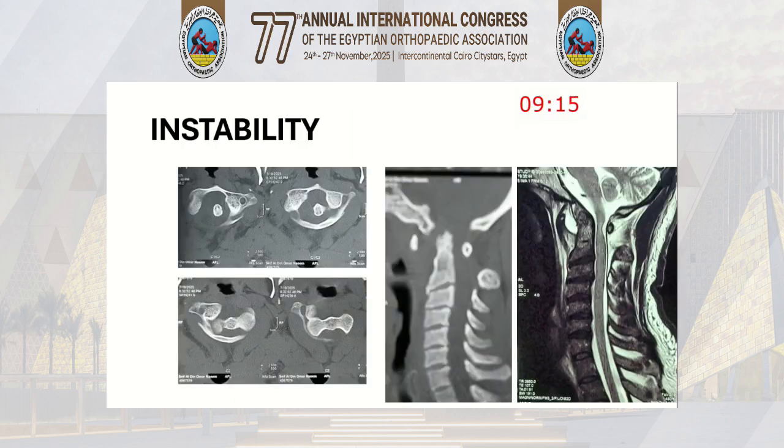Instability in my talk is not traumatic. You can see this patient with Down syndrome. He came to me, he's 25 or 26, with little or no trauma. They say there's no trauma.